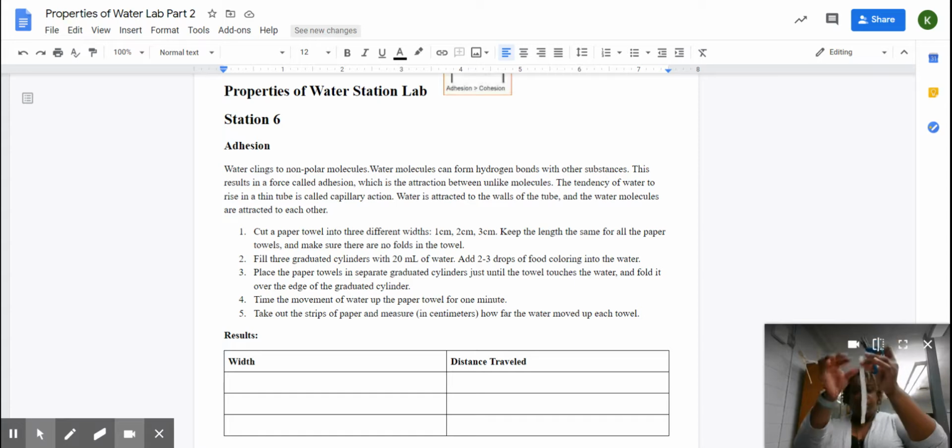So I have my 1 centimeter. Here's my 2. And then I'm going to cut my 3 centimeter wide one.